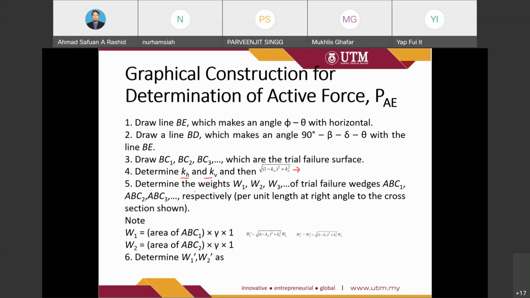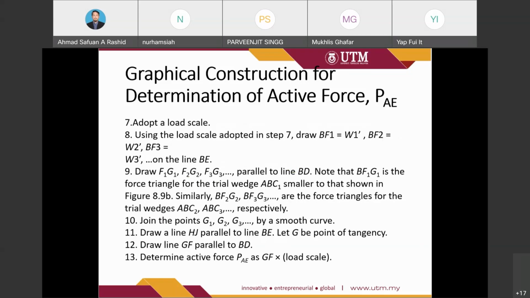Then determine the weights W1, W2, W3, respectively, per unit length at right angle to the cross section shown. So W1 is the area of ABC1 times the unit width. From there we can get W1, W2 as well, up to W4.